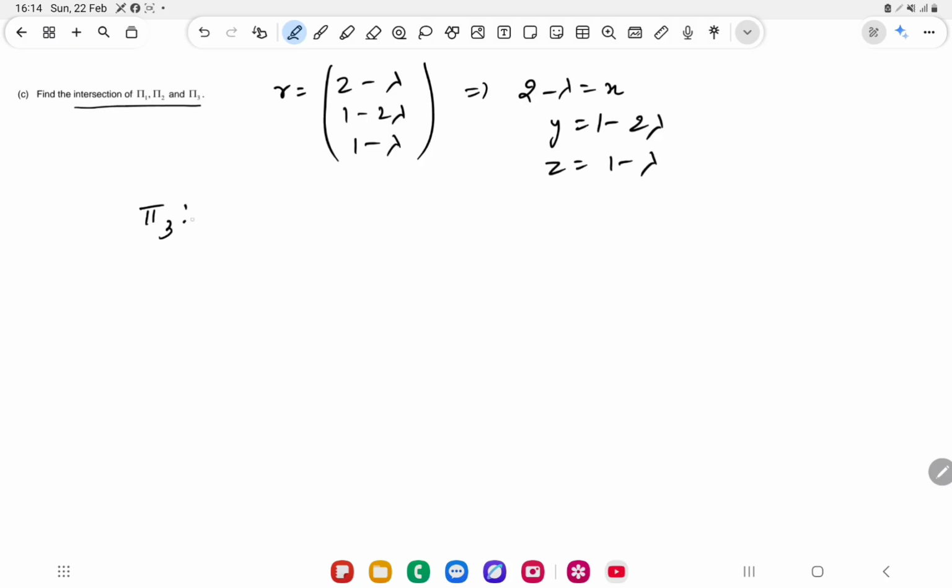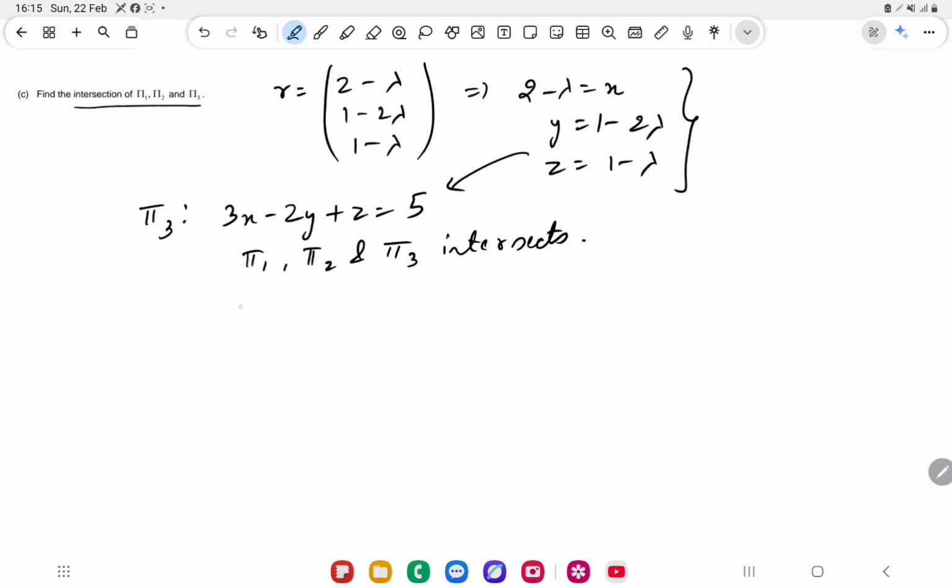And in the last part, I calculated my equation for plane pi 3 as this. So I can substitute because pi 1, pi 2 and pi 3 intersect.